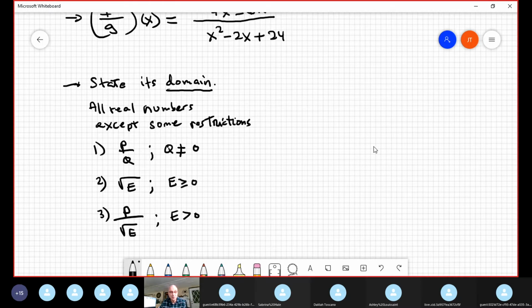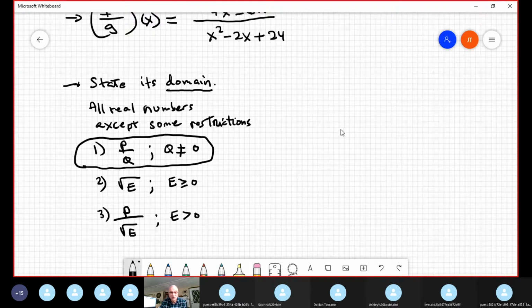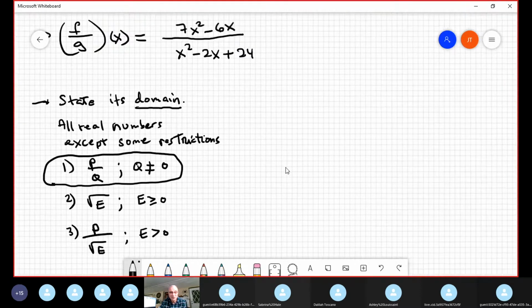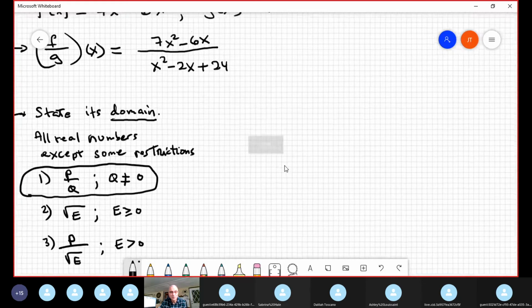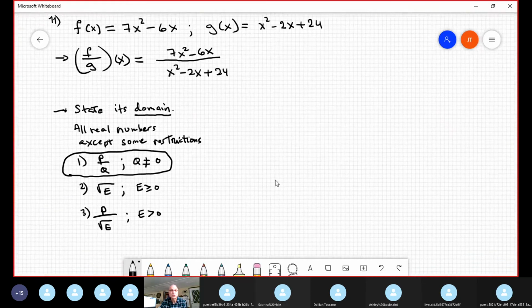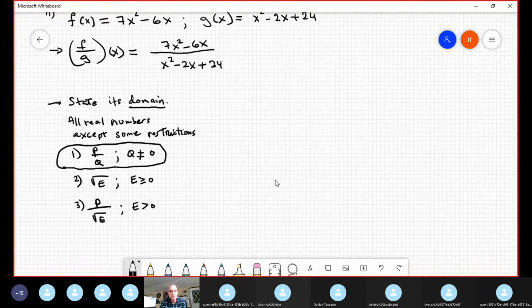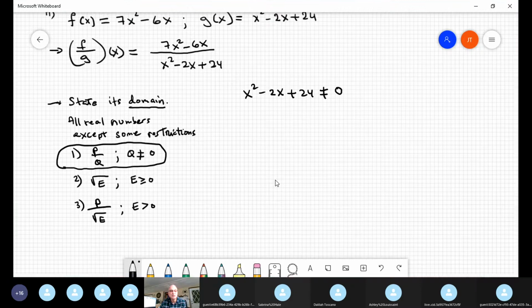In this example we apply this, but we have no square root. Basically, the domain is all real numbers, except the values that produce 0 in the expression in the denominator. So my restriction is x squared minus 2x plus 24 not equal to 0.